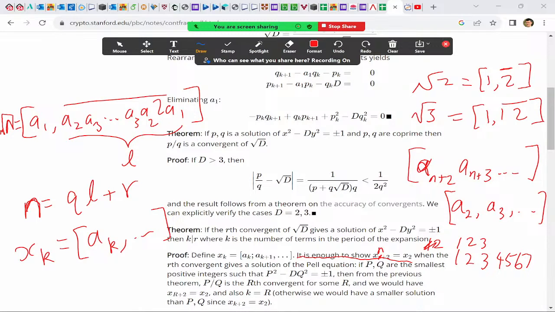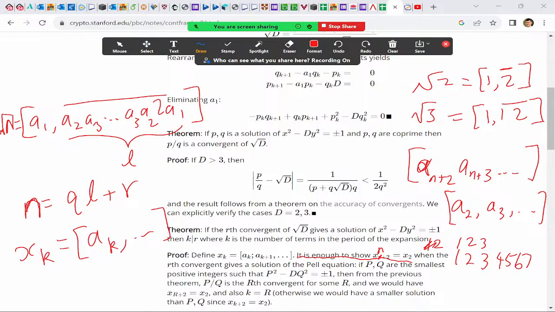Okay, so they're saying if we show that x_{n+2} equals x_2, then we're done, yeah? Okay, so what's this stuff about if p, q are the smallest positive integers such that blah equals -1, then the previous theorem just says it comes from continued fractions, yeah?